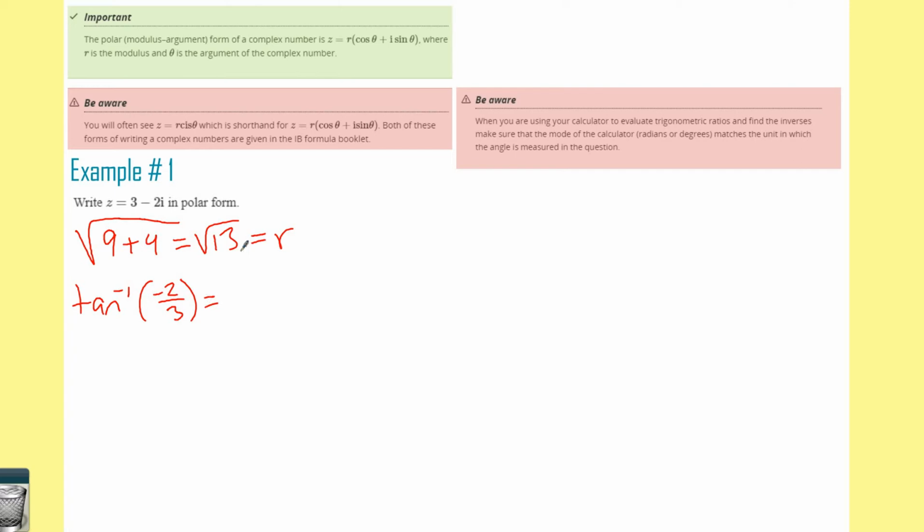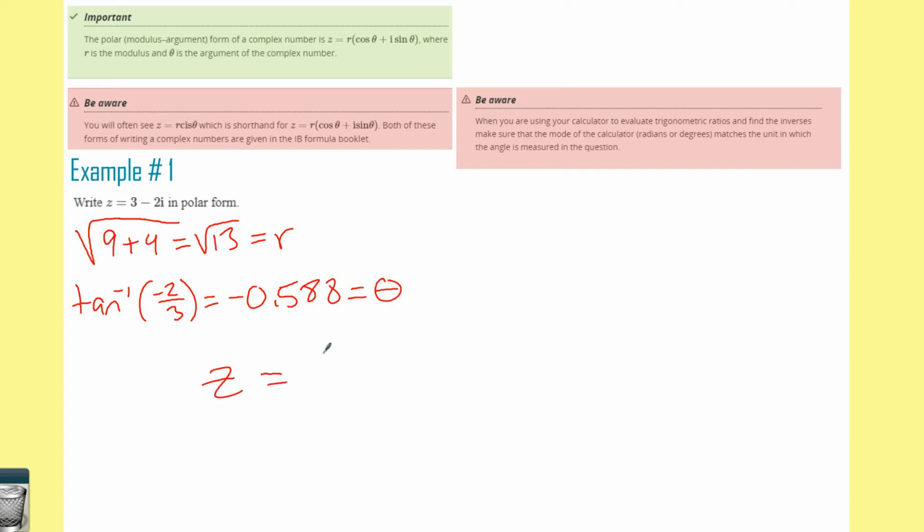All right, we plug that in. Let's see, we get negative 0.588 if we do 3 sig figs. Okay, so that represents our angle. So here we have our r and our theta, so then we can just write it as r cis theta.